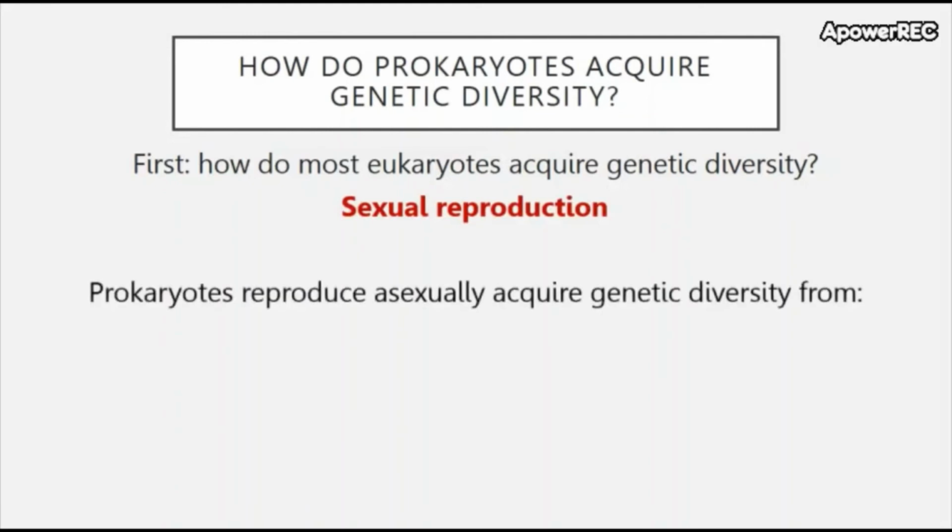But prokaryotes reproduce asexually, and they acquire genetic diversity from mutations in copying their genome. Every time you replicate a genome, errors and mistakes get made, and those are called mutations. But prokaryotes have another method called horizontal gene transfer.